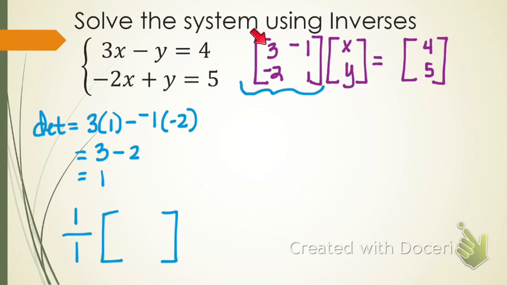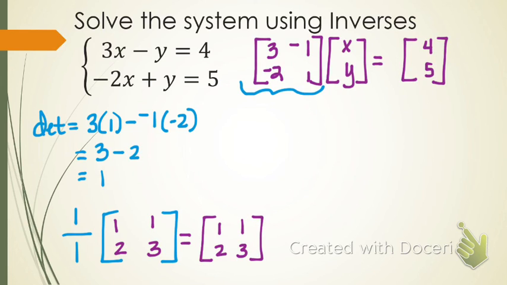So you're going to flip the 3 and the 1, so that becomes this. And then we flip the sign. And when I multiply this matrix by 1 over 1, we get the same thing. So the inverse is 1, 2, 1, 3.